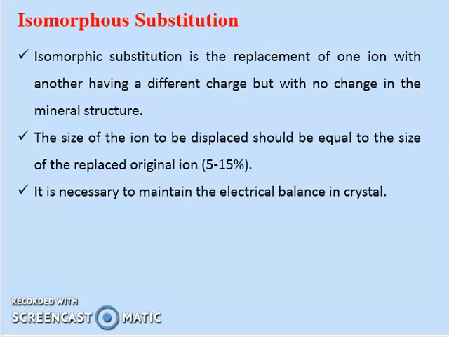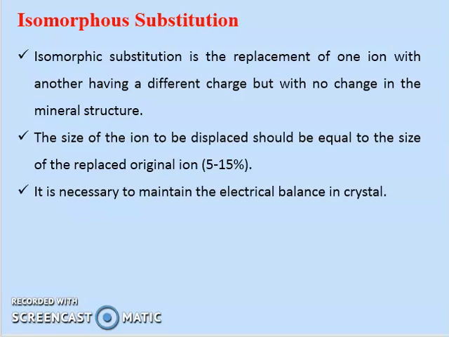Isomorphous substitution is the replacement of one ion with another having a different charge, because aluminum has +3 while silicon has +4, but with no change in the mineral structure.